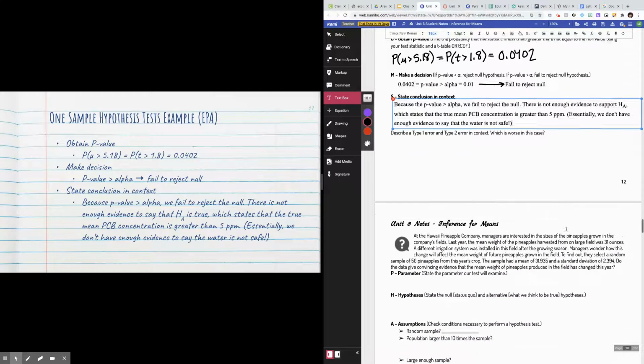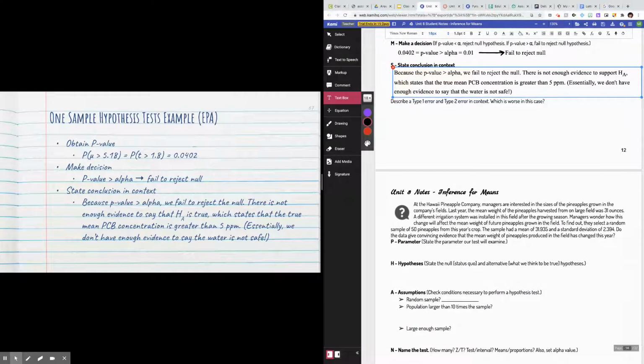Now, the very last thing on here, I'm going to do as a review for you of error, okay? So it says, describe a type 1 and type 2 error in this context, and which is worse in this case. So remember, a type 1 error always occurs when we reject the null when in reality, the null is true.